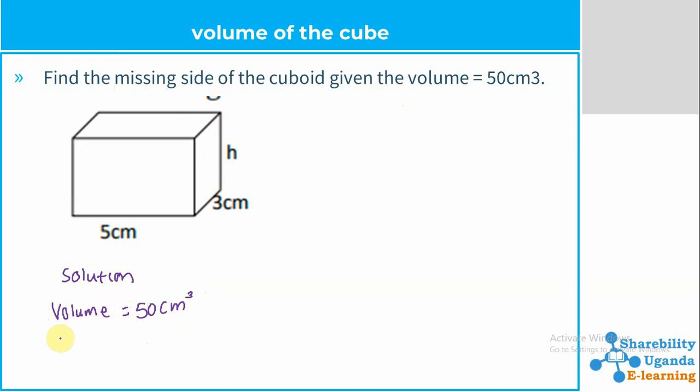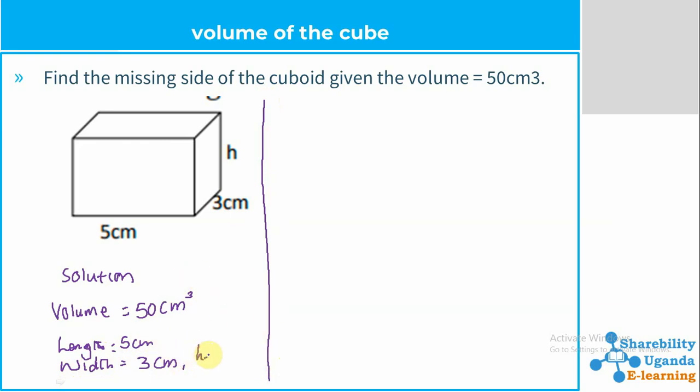Then we have our length as 5 centimeters, and our width is equal to 3 centimeters. Now we look at our height. Our height is nothing; you have not given us the height.